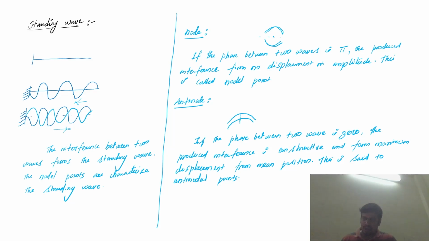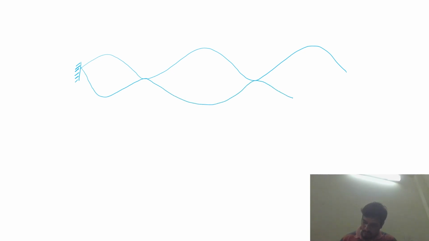So how will the standing wave look? The resultant wave after these two waves meet, with the fixed end here, will form the standing wave like this. So these points are the nodal points.